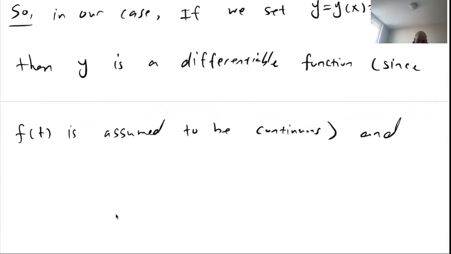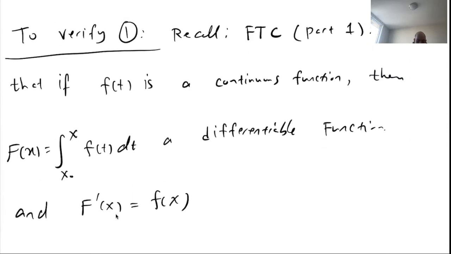And what is the derivative of y? dy/dx is equal to f of x. This is what we said here. Instead of capital F, we are calling it y here, but we are exactly in the same situation.